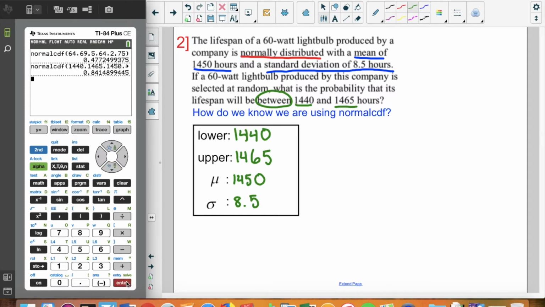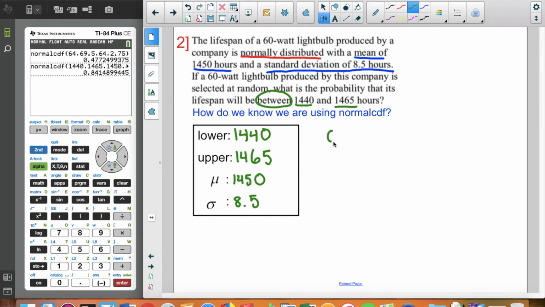Enter, enter, and this is what we get. So we have 0.841489. Now, this didn't give us a number to round to.